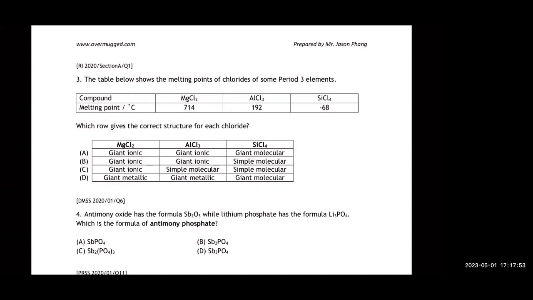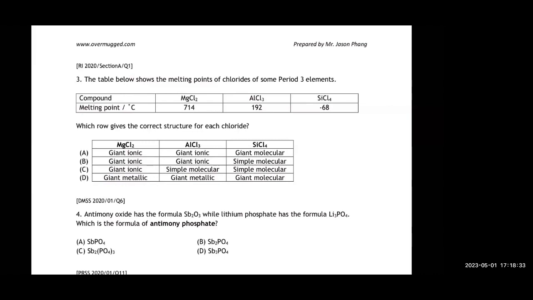What's the answer for this one? Question 3, fairly straightforward. It's just like a yes, no kind of thing. How you choose? Everything C. Joanne, you chose?